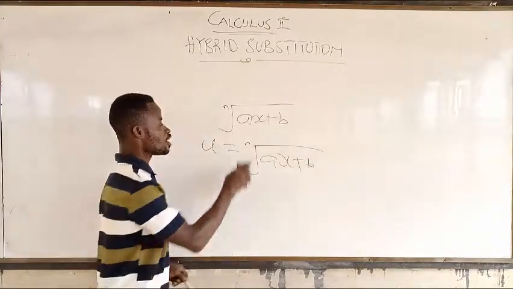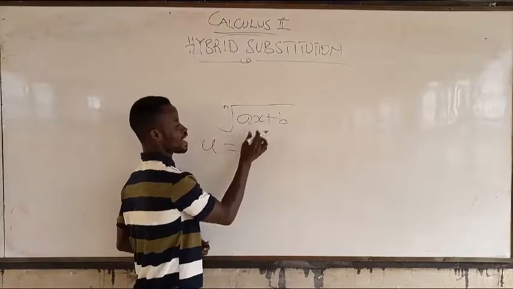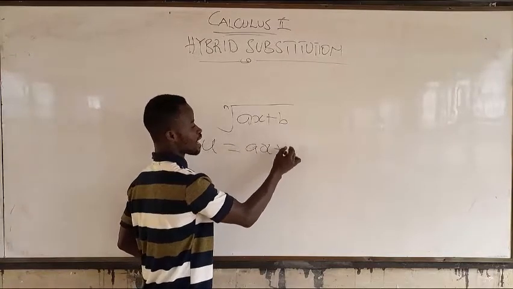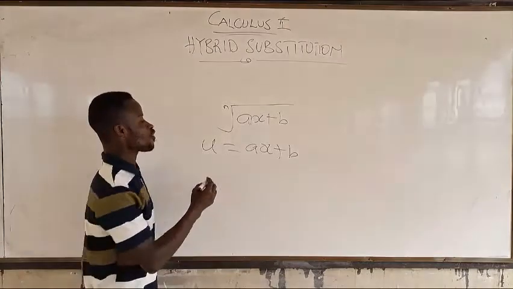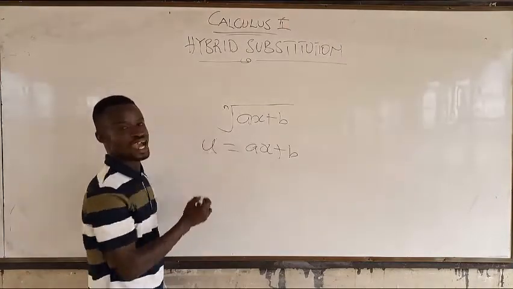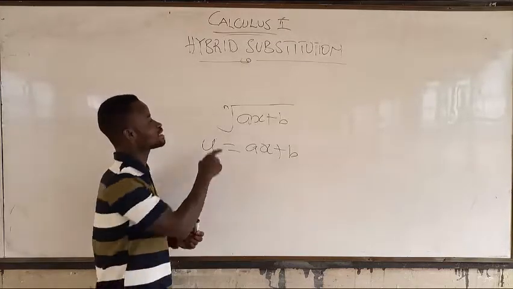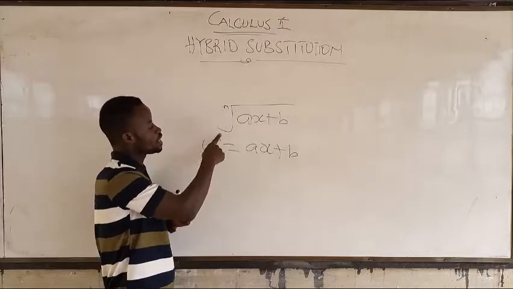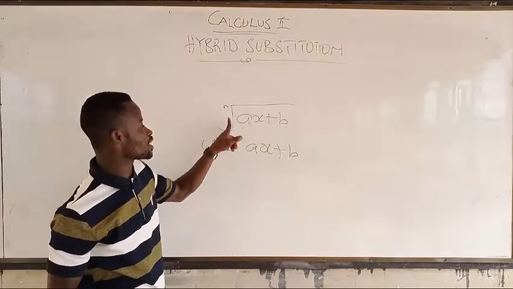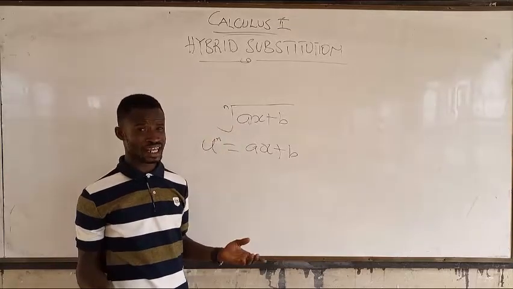Here, we only pick the inside, which is ax plus b, and then raise it to a power, which is the same n. So if here is 2, here will be 2. If here is 3, here will be 3. If here is 4, here will be 4. It's going to be like that.